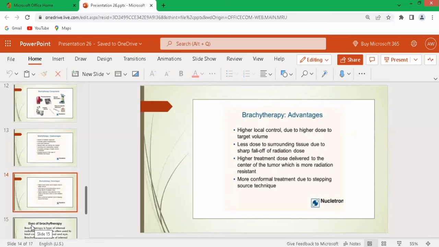Basically, side effects of brachytherapy can include swelling, bruising, bleeding, or pain and discomfort at the spot where the radiation was delivered.